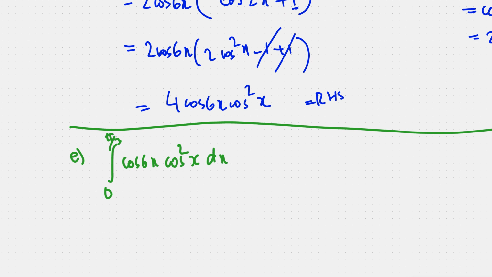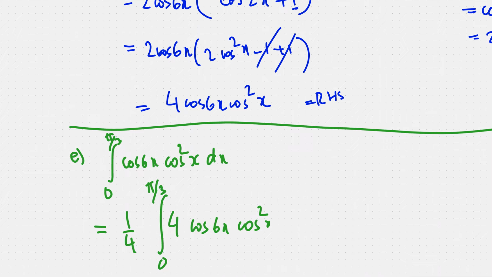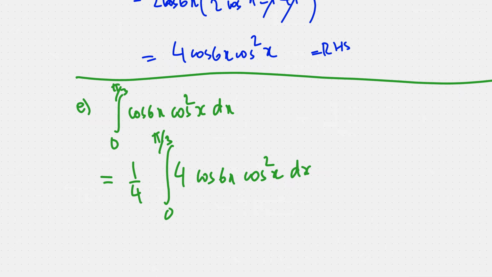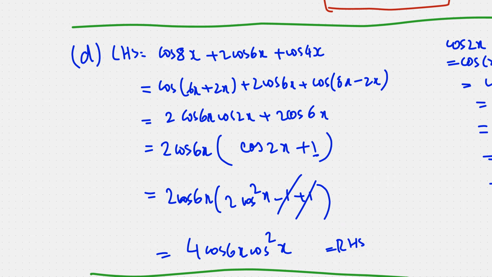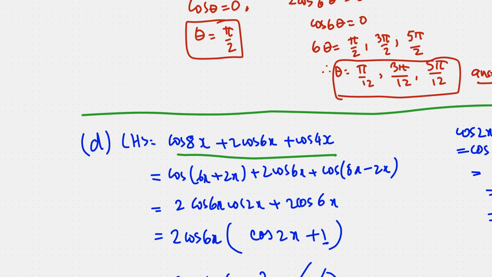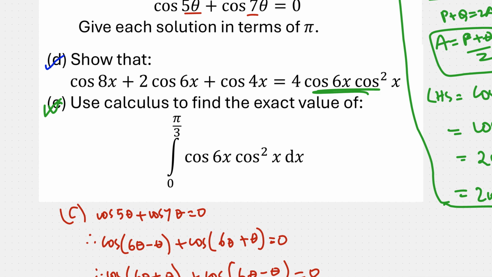So then I can write this is equal to 1 over 4 integrate 0 to pi over 3 times 4 cos 6x cos square x dx. Instead of writing 4 cos 6x cos square x, I already know that it can be written as cos of 8x plus 2 cos 6x plus cos of 4x, which is the part D. And that makes this question much easier.